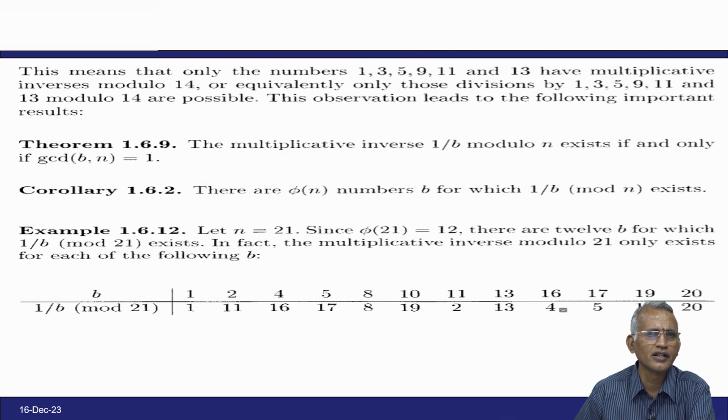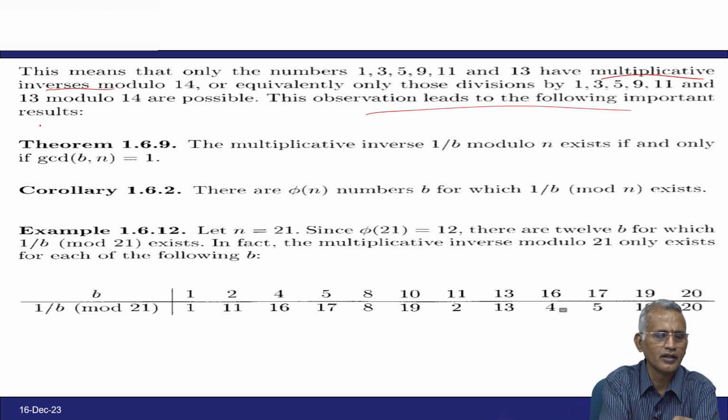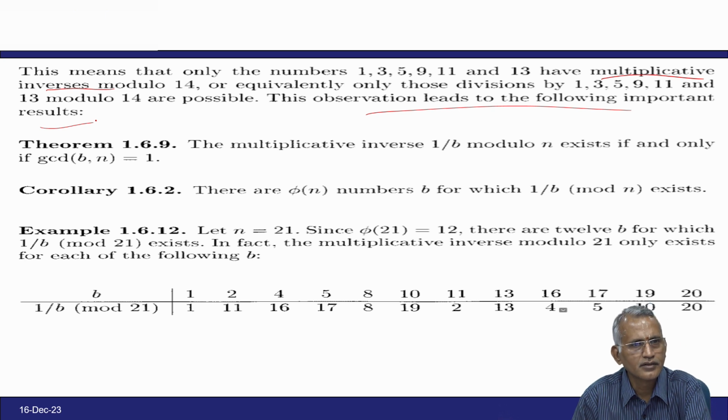So, this means that only the numbers 1, 3, 5, 9, 11 and 13 have a multiplicative inverse under modulo 14, or equivalently only 1/b for b in 1, 3, 5, 9, 11 and 13 modulo 14 is possible. So, this observation leads to the following result.